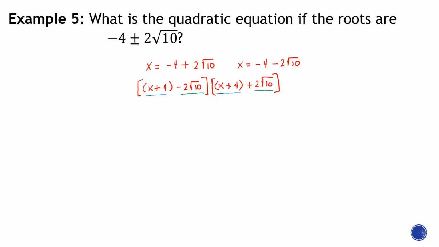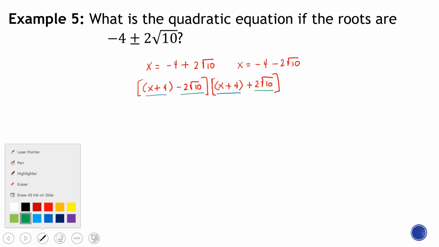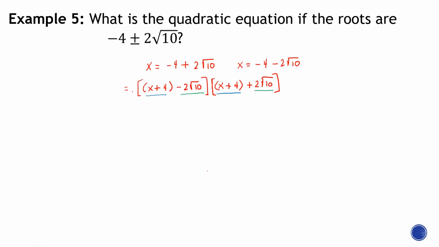So essentially, we will be just multiplying the first terms and the last terms here, similar to what we did a while ago. So we will consider the entire x plus 4 as our first term. Okay, so which means this will be x plus 4 times x plus 4 minus, okay, so that's this, and then this one.